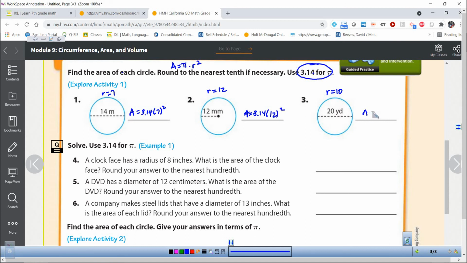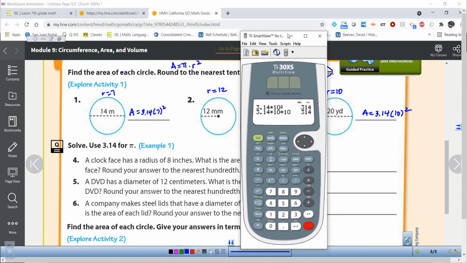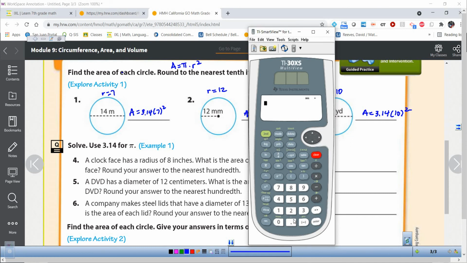For this one, the area is going to be 3.14 times 10 squared. Again, I'm using the radius, even when they give me the diameter. Then it's just a matter of putting it into my calculator. And notice the directions do say round to the nearest tenth if necessary.